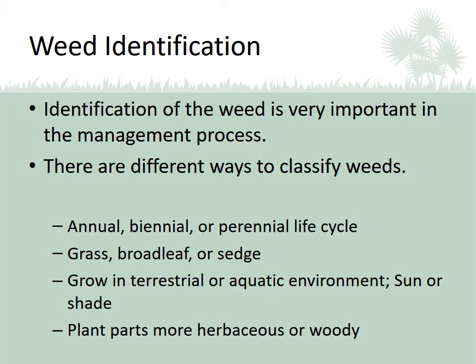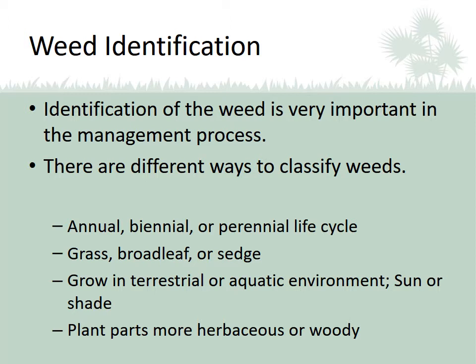Being able to identify weeds is a very important part of the management process, and there are a number of different ways that we classify weeds. A number of these are very similar to what we covered in botany in Module 1. They could be grouped as annual, biennial, or perennial life cycle. They can be grouped as grasses, broadleafs, or sedges.